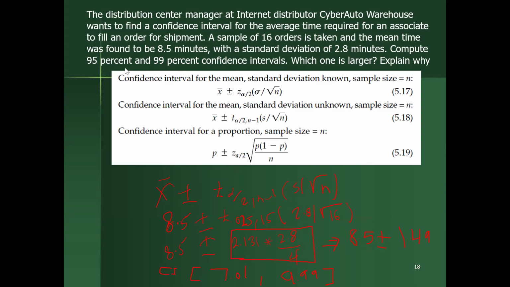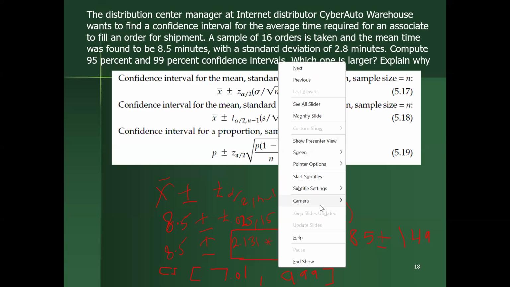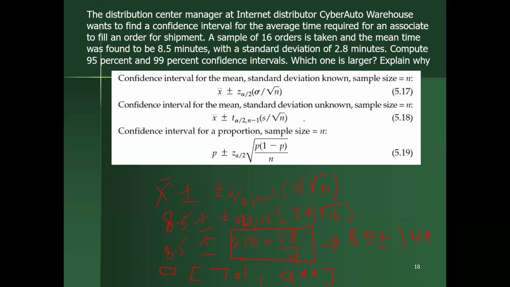Let's compute the 95% confidence interval for the mean. So we said a sample of 16 orders, so we will be using the T. Okay, this is the first step, decide which. We are using the T because the size is less than 30.